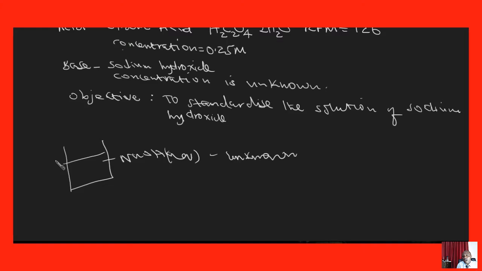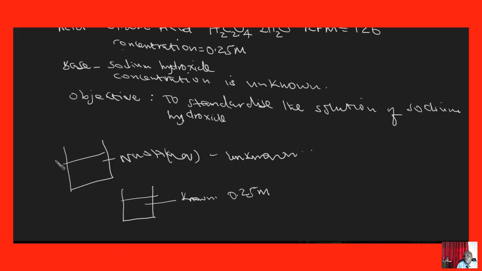Then we have the other solution, oxalic acid. The concentration is known, and it is 0.25 M. As I told you earlier, the data about a solution is only two: its concentration and its volume. So we have oxalic acid.